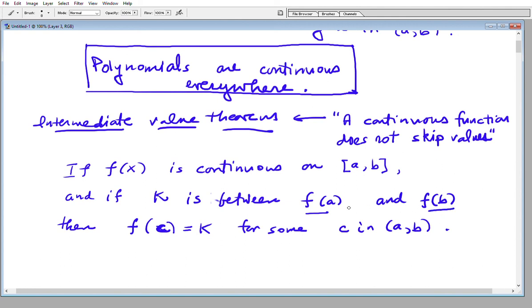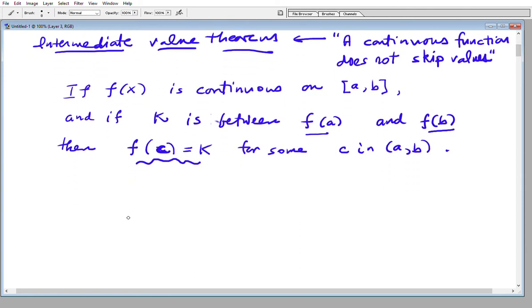K is somewhere in between these two numbers. That means the function can't skip K. The function has to be equal to K. Do you understand the intermediate value theorem? It can't skip over K. K is in between this and this. So here's a picture that goes along with this.